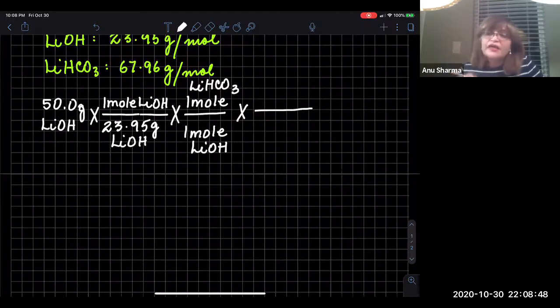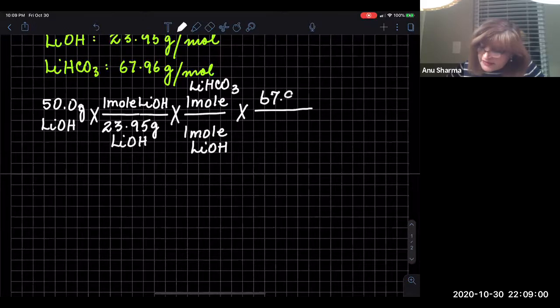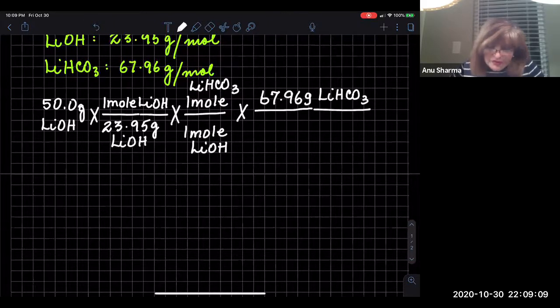Okay, the next is this step here. Till here we get the moles of lithium bicarbonate, but we are going to convert it into the grams of lithium bicarbonate using the molar mass of lithium bicarbonate. The molar mass of lithium bicarbonate is 67.96 grams, and that is LiHCO3. So that is the grams of lithium bicarbonate, and 1 mole of lithium bicarbonate.